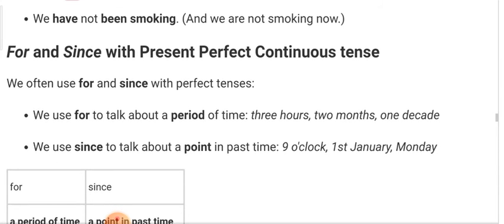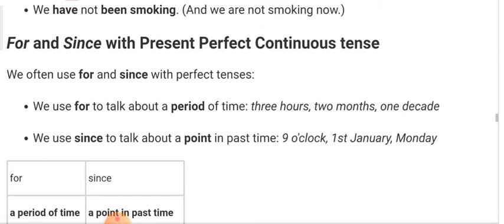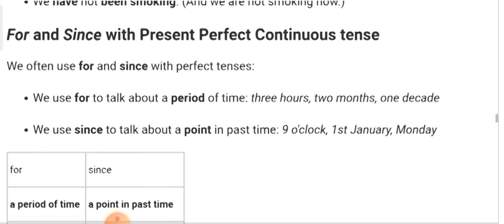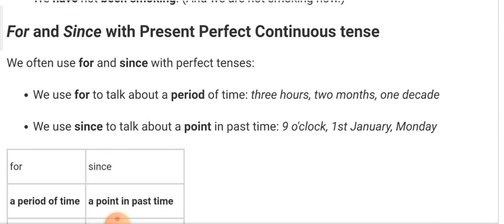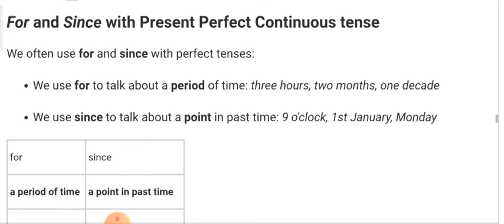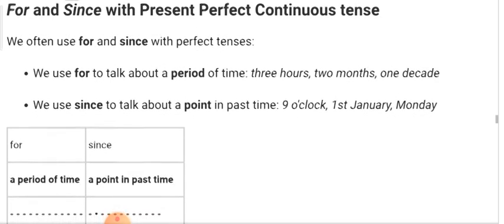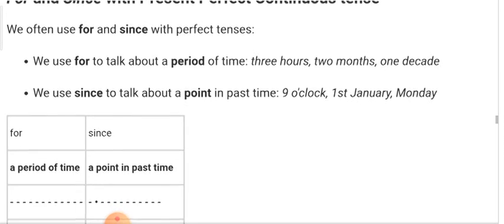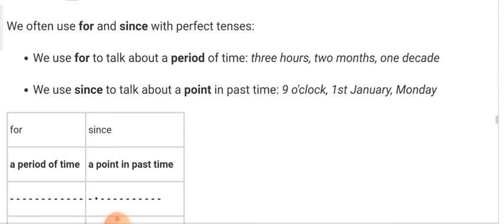We use since for a point in past time. A period is different and a point is different. But remember, something started in the past and still it is continuing. Now you see, for a period of time, since a point in past time.